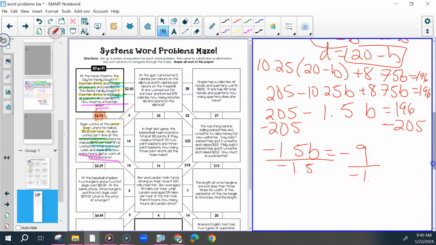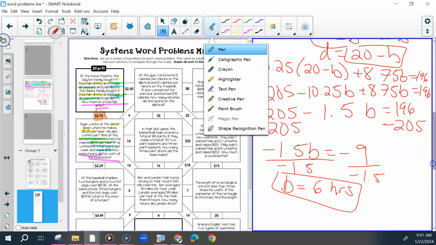And what would be the answer, which is one of our options. If we were just writing this, this would be 6 hours. So we know which direction we're going.